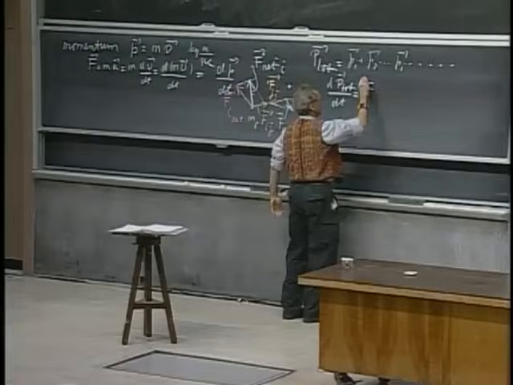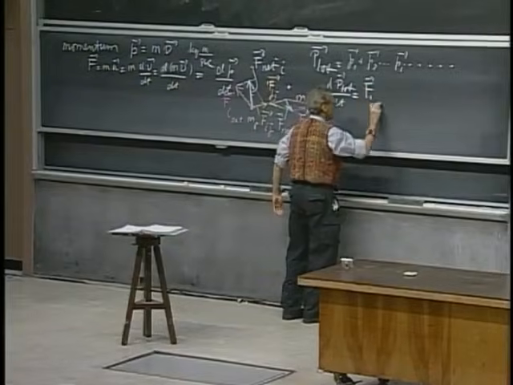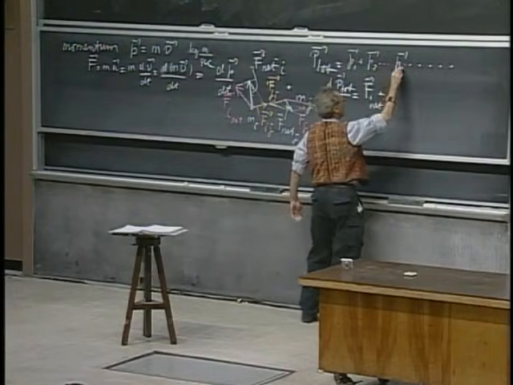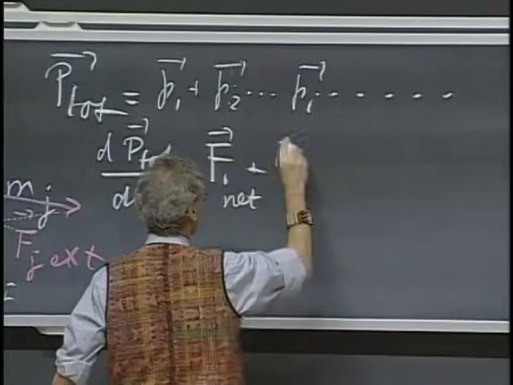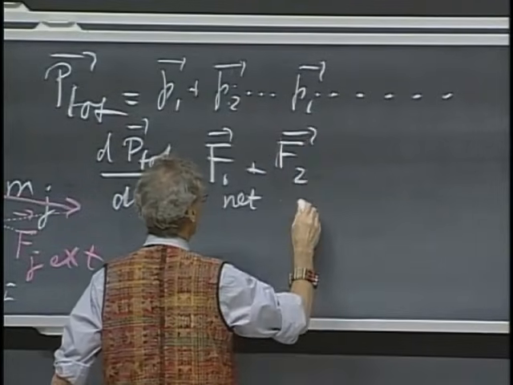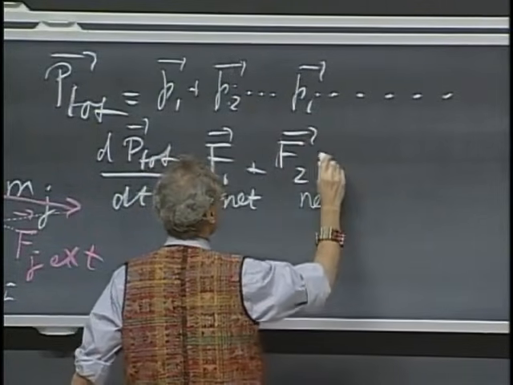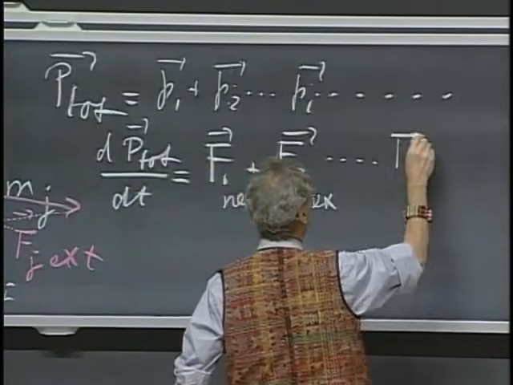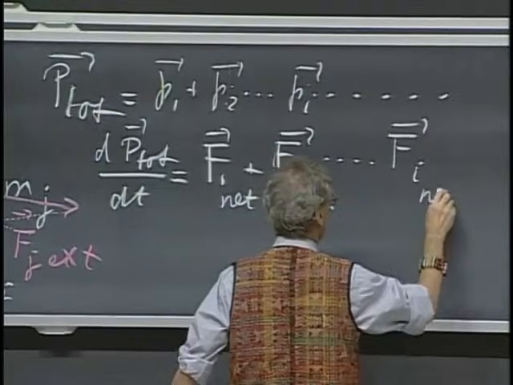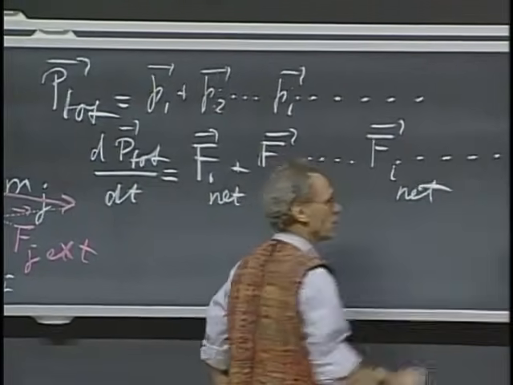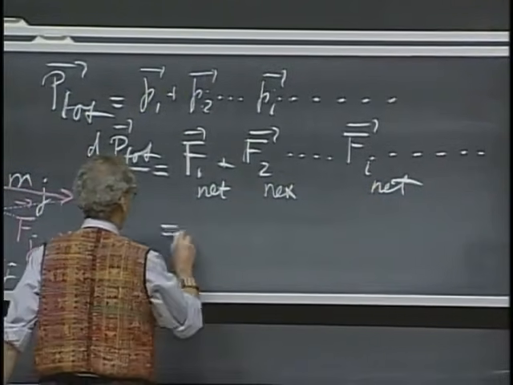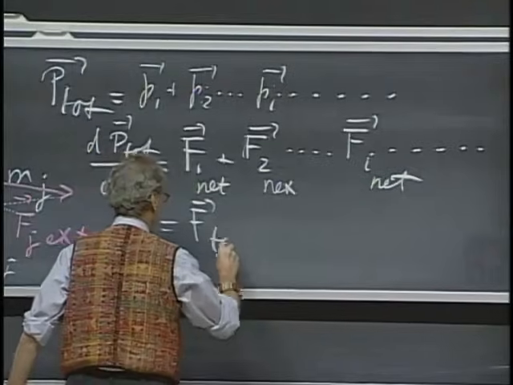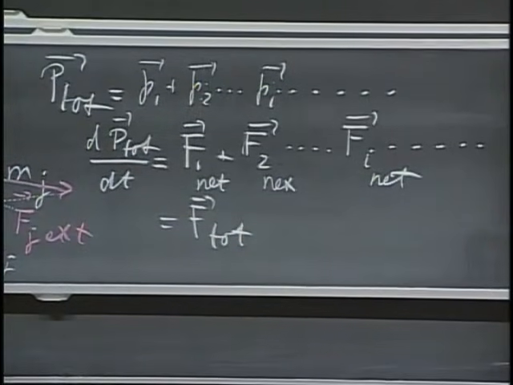It's the total force on number 1. So it is F1, but it is the net force on particle 1. And dp/dt for this particle equals F2 net force. And the force on particle number i equals Fi net, and so on. And so when we add up all these forces, obviously, that is the total force on the entire system.